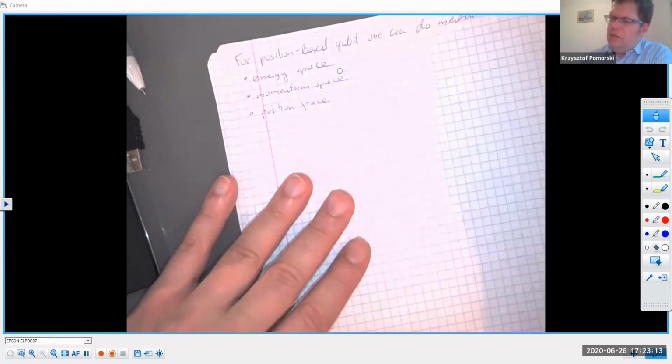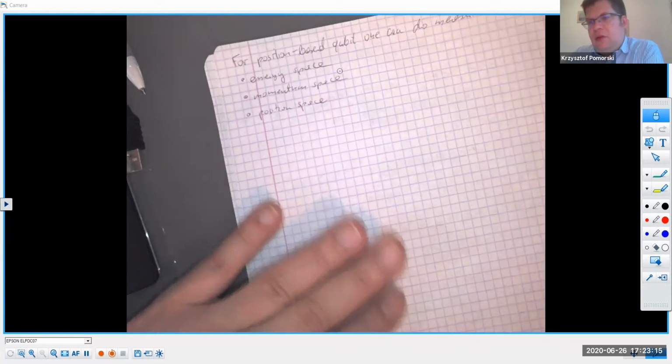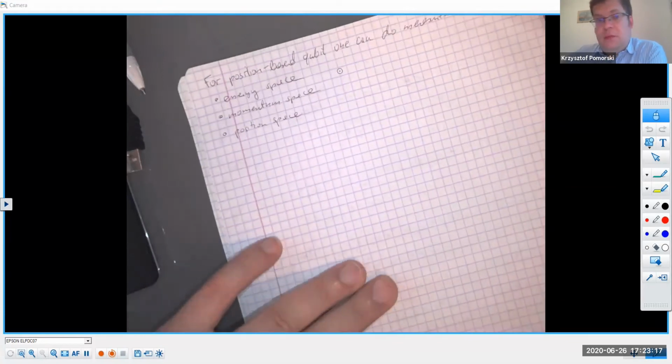Well, not only for a position-based qubit, but in particular for a position-based qubit.